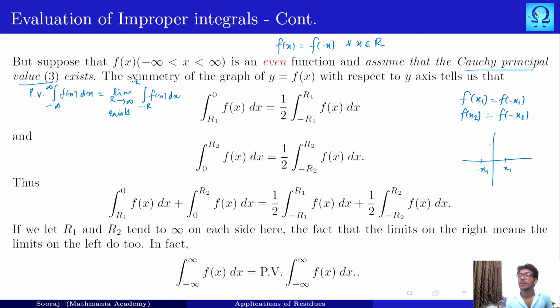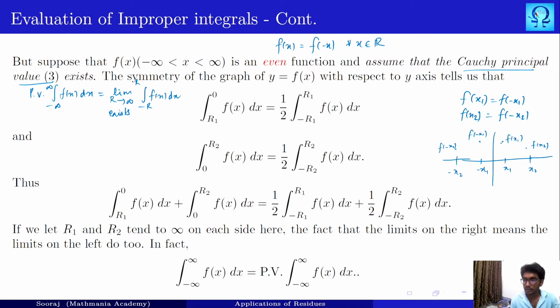If my function takes this value f of x1 here, then this is f of minus x1. In a similar way, if this is my x2 and it takes this value f of x2, then here you would have minus x2, and here you would have f of minus x2. So this tells you that the graph of an even function is symmetric about the y-axis.